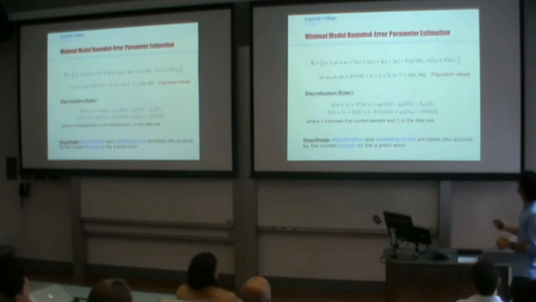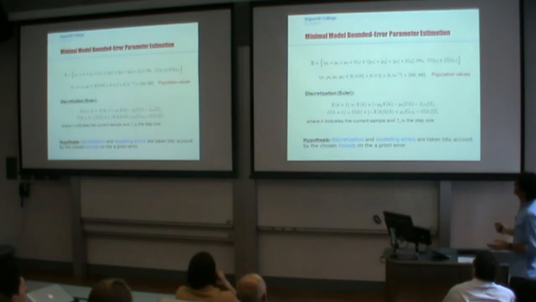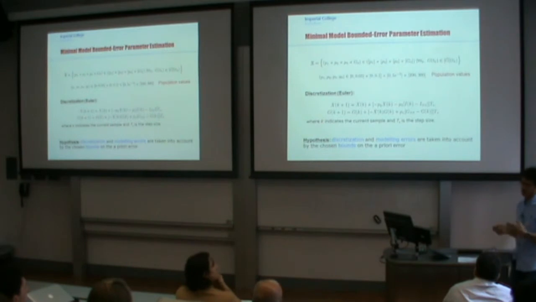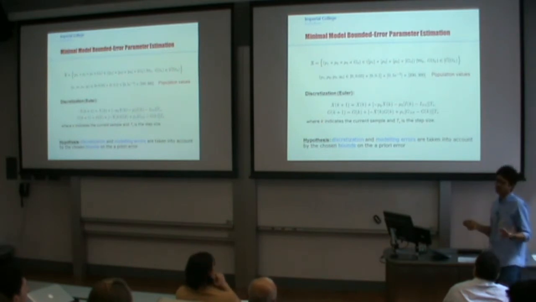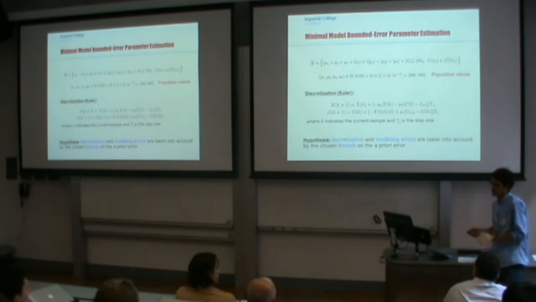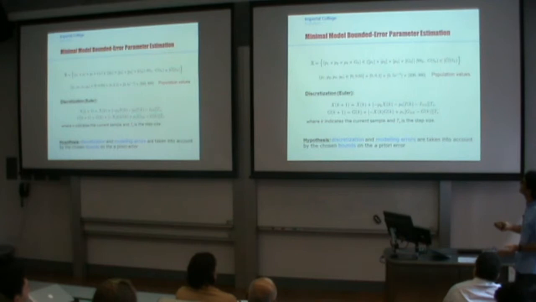Then we did a simple Euler discretization. I know we could use more sophisticated techniques for the integration, but here we don't care about the small errors. Compared with the errors in the measurements, the errors we make in the discretization are negligible. So we have the hypothesis that the discretization and modeling errors are already taken into account in these models.